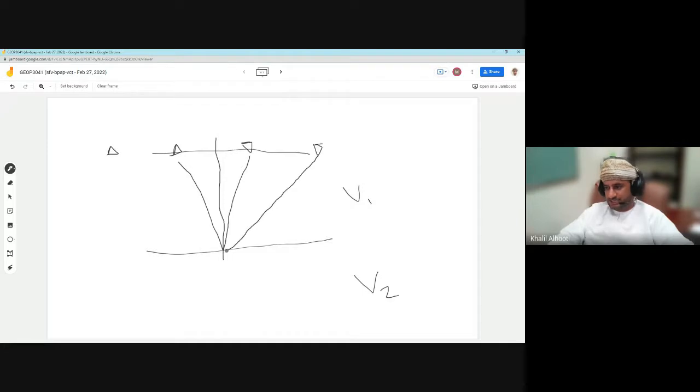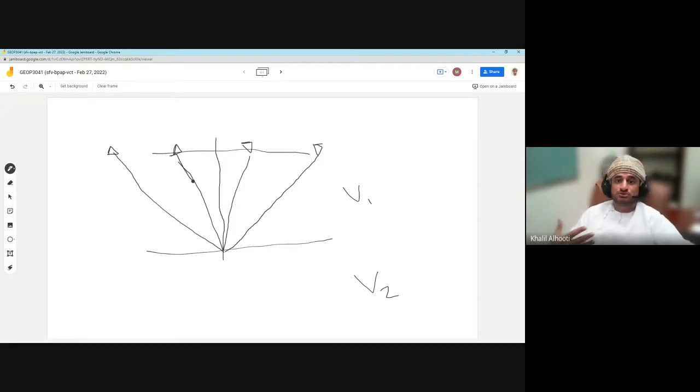There is another midpoint. We are imaging the same midpoint. I'm not getting new information from the subsurface. The information I receive from this configuration is at least the same. This will help me to increase the signal to noise ratio, and it will help me also to determine the velocity of the subsurface.